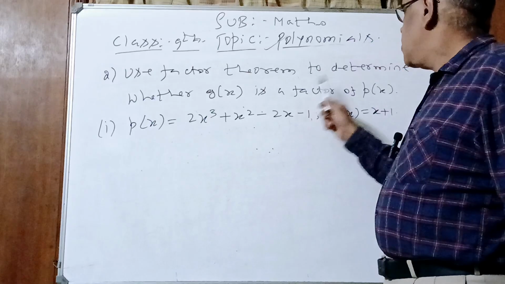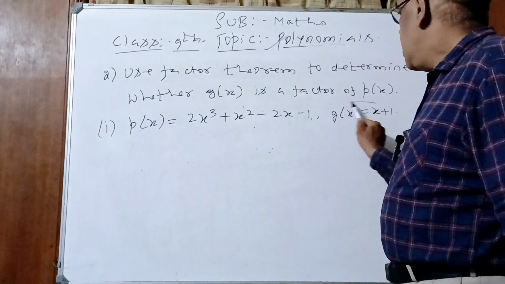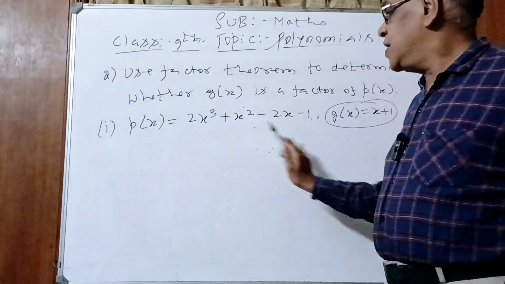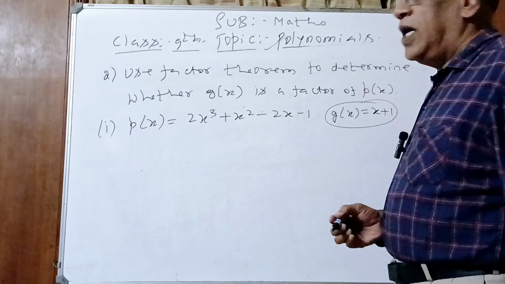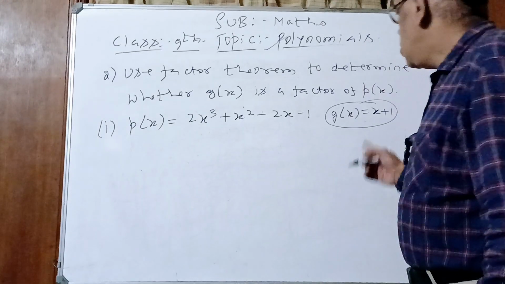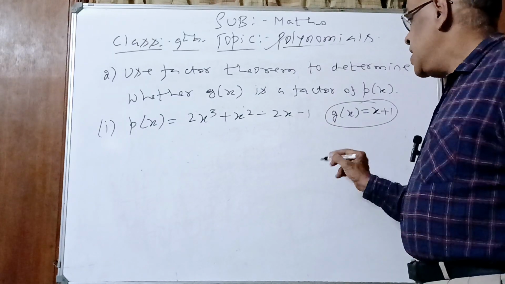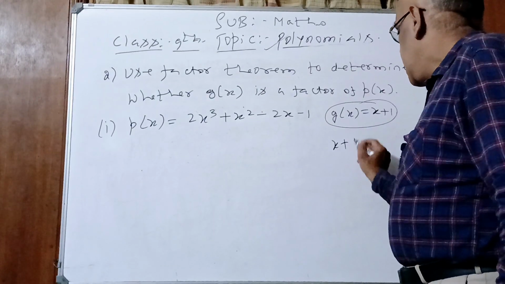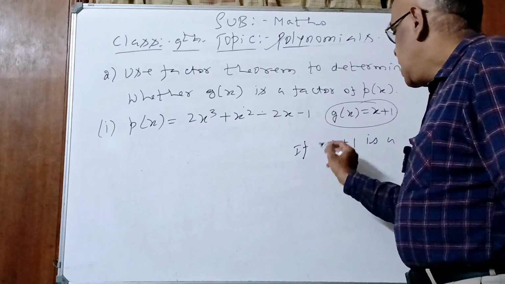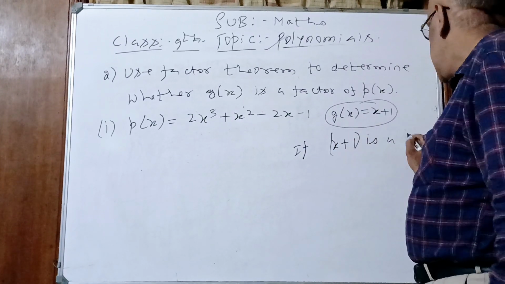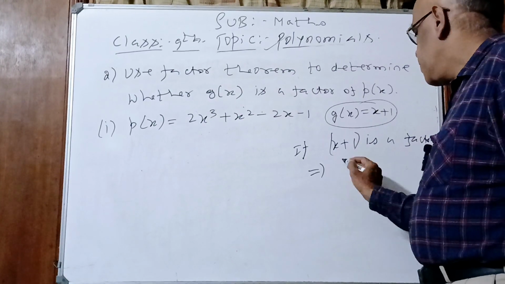Use the factor theorem to determine whether g of x is a factor of p of x. G of x is given, and you have to find out whether it is a factor of p of x. Understood, children? What you have to do now? If g of x, that is x plus 1, is a factor, what does it imply?